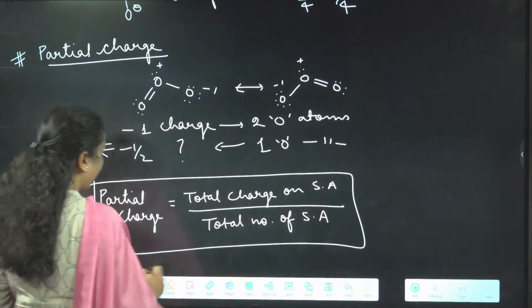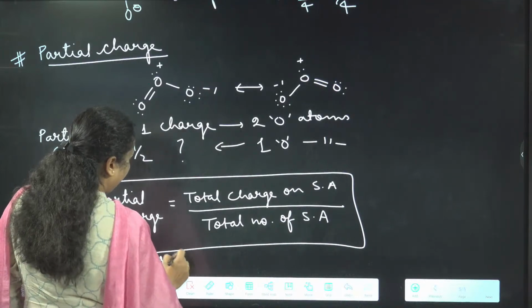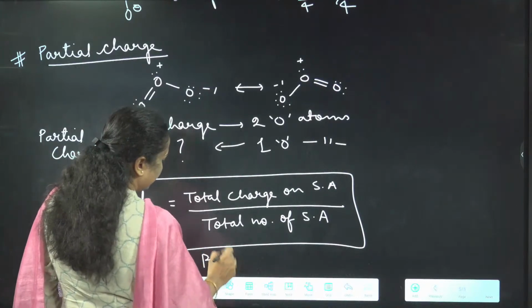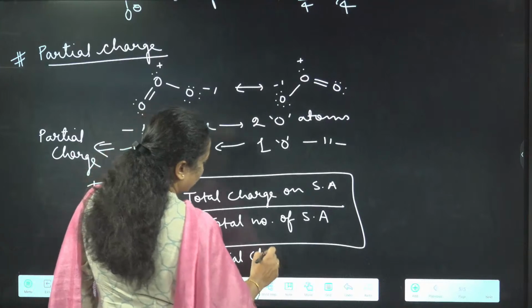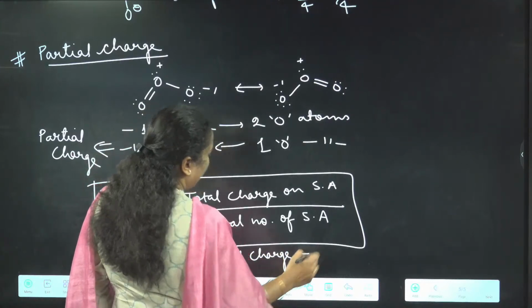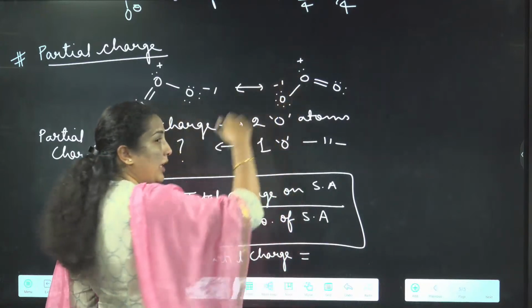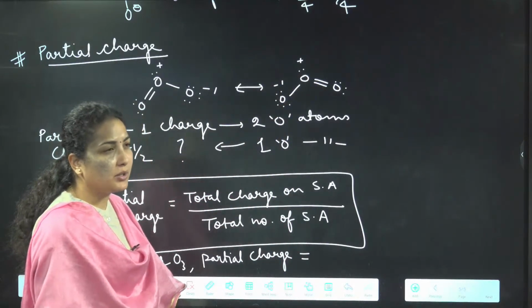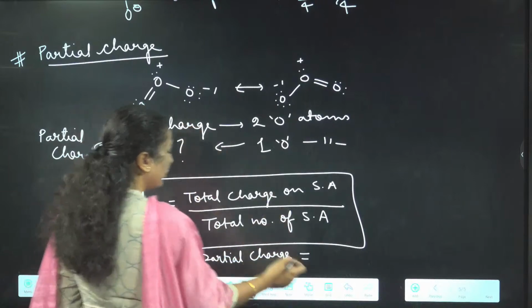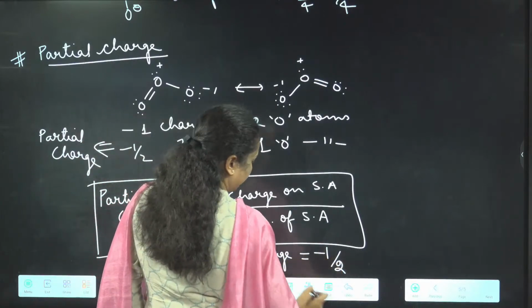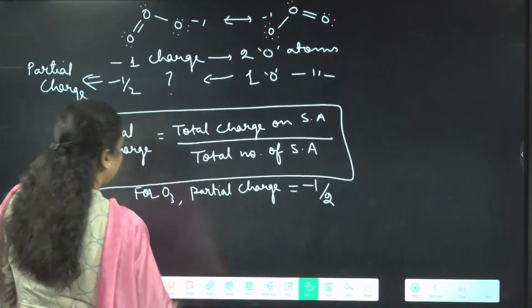So in case of ozone, for O3, partial charge on oxygen, how much is that? Total charge is how much on the surrounding atom? You don't have to add minus 1 plus 1 and make it 0. On the surrounding atom, it's only minus 1. How many surrounding atoms? 2. So are you getting the same answer?